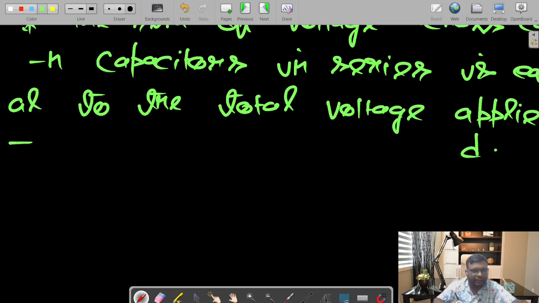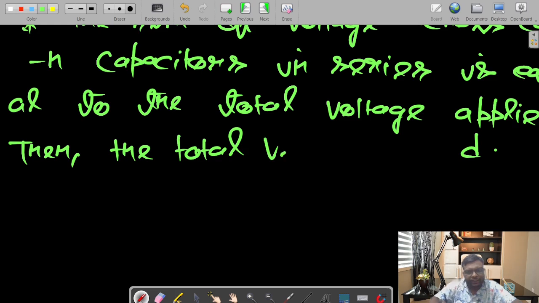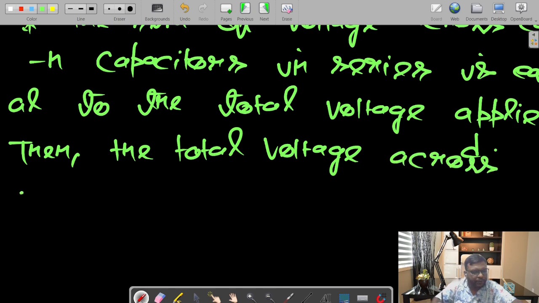Then we will calculate the total voltage across each capacitor.